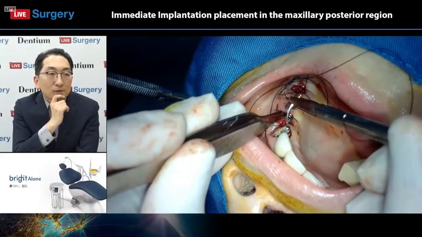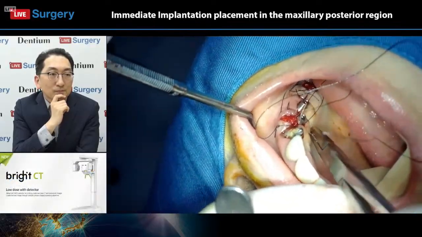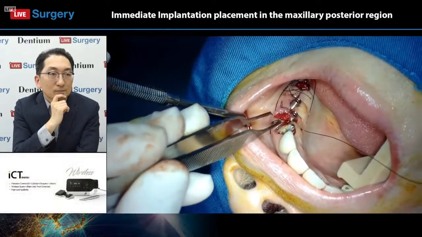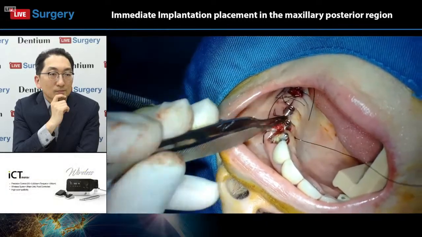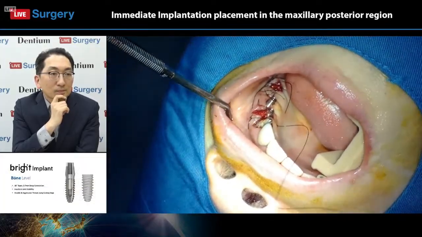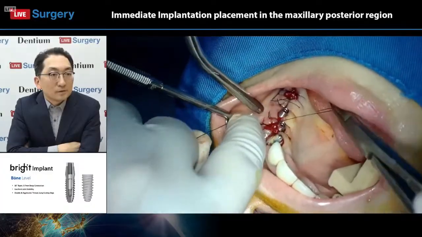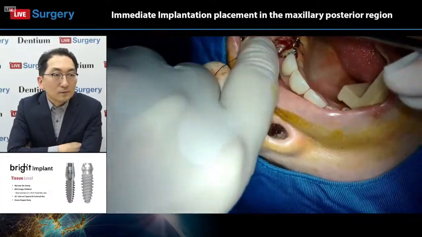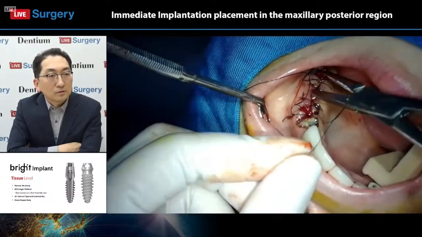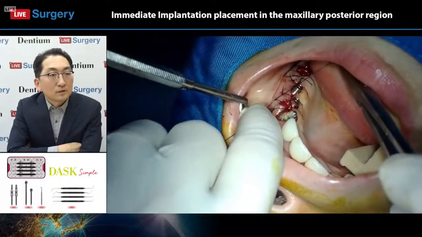To fix the buccal collagen graft, I suture like this. The silk presses the collagen graft like that, maybe in the shape of an X.